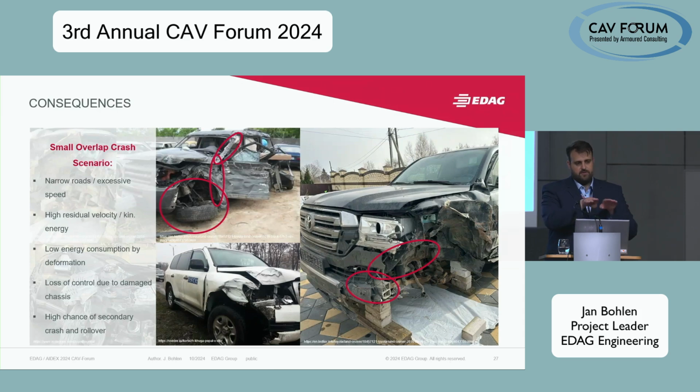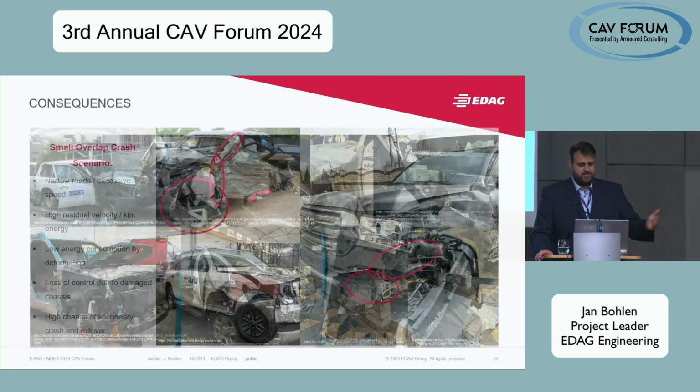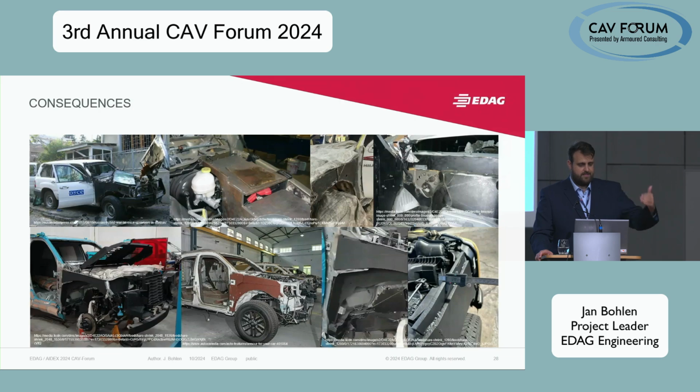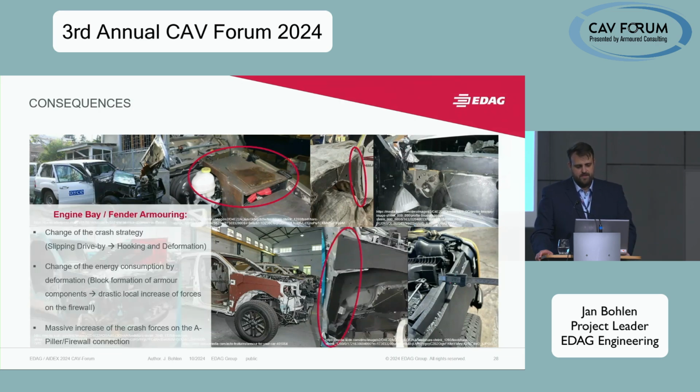Mostly you slip off the barrier, for example, and then you have a high chance of losing control of your vehicle. Since the chassis is damaged, you maybe lose a tire, and then you have a high residual energy and therefore a very high chance of another secondary crash or even rollover.